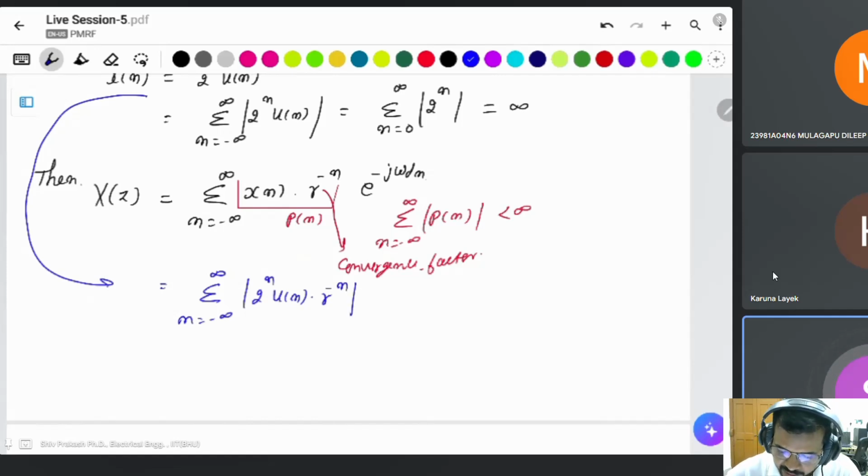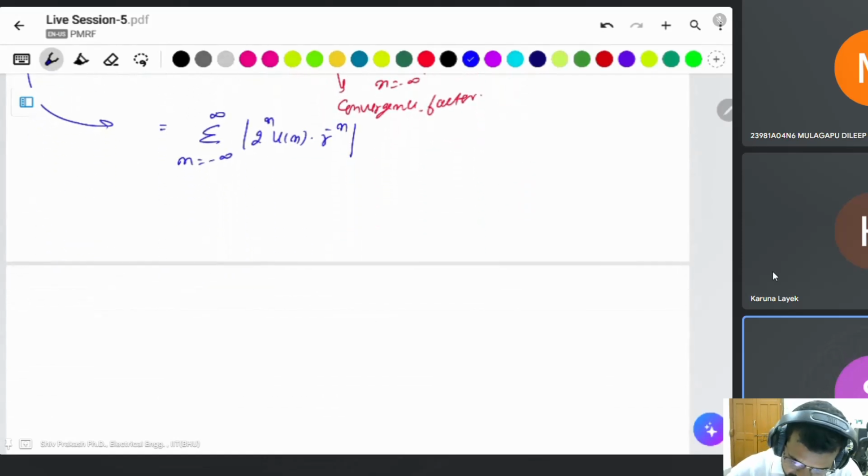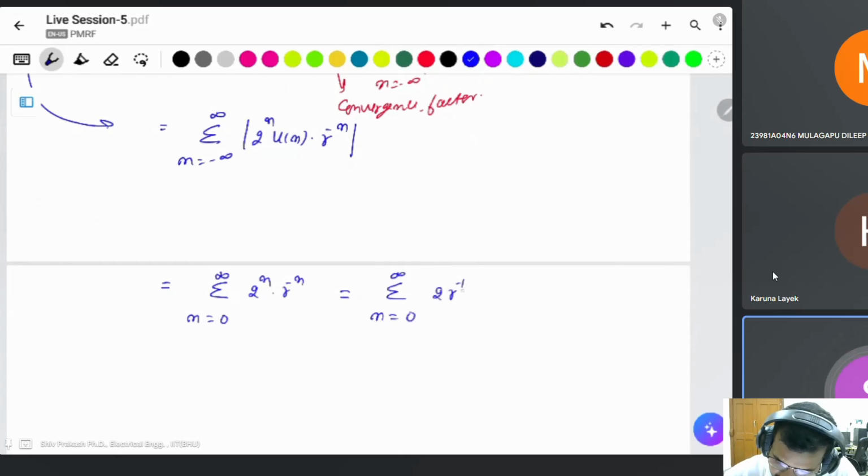If we add something, then what happens? Will it be bounded or unbounded? Then solve this one. u[n] is there, so this will be 0 to infinity of 2 power n into r power minus n. It will be summation n equal to 0 to infinity of (2 r inverse) to the power n.